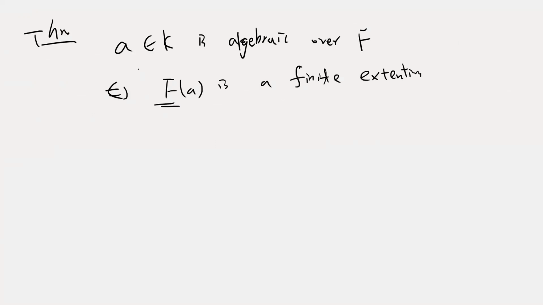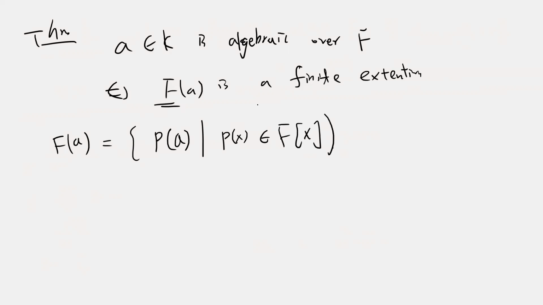Okay, so let me explain what F adjoin A is. F adjoin A means that you take all the polynomials P(x) in F[x] and put in A. Basically you just take all the polynomials with coefficients in the field and put A in it.